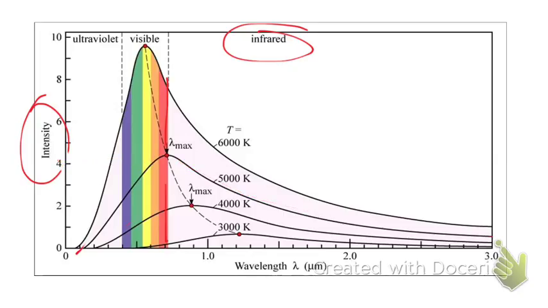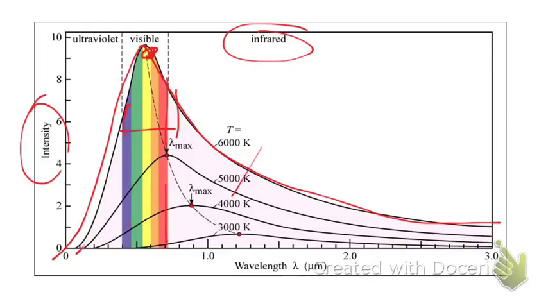Now if we get it up to 6,000 Kelvin, right, we're emitting a good range of colors from red all the way to blue. At this maximum peak, we're emitting all the colors in pretty much equal fashion, and therefore it's going to be white light at this point. So we're going to see a lot of white light at 6,000 Kelvin.